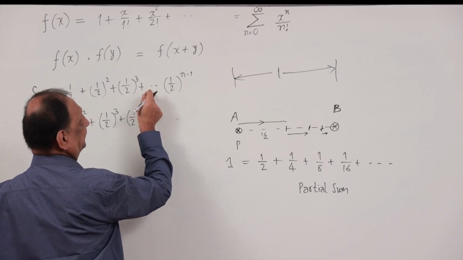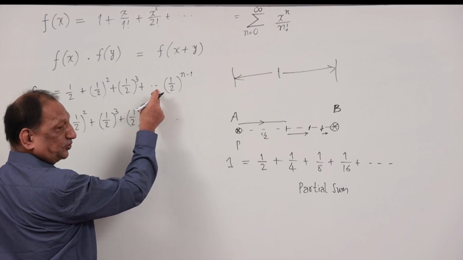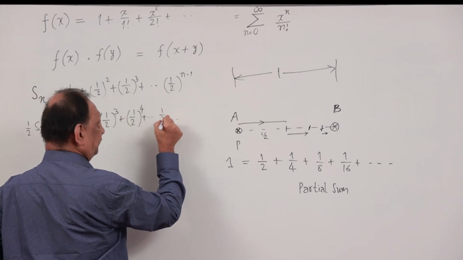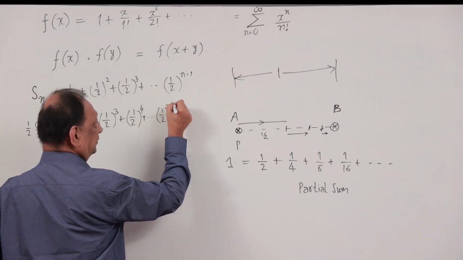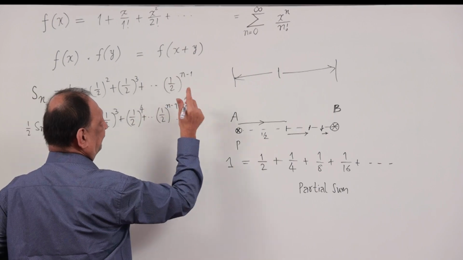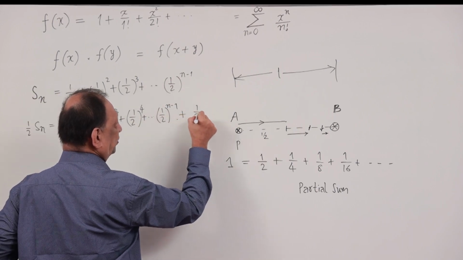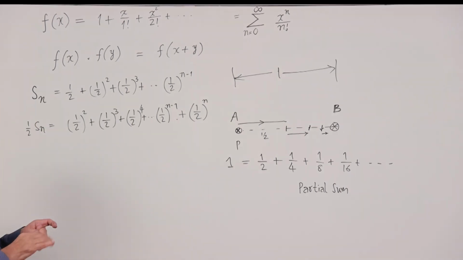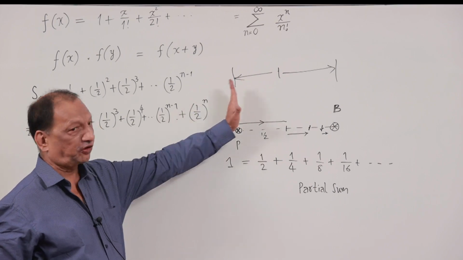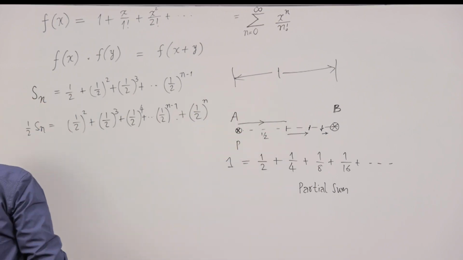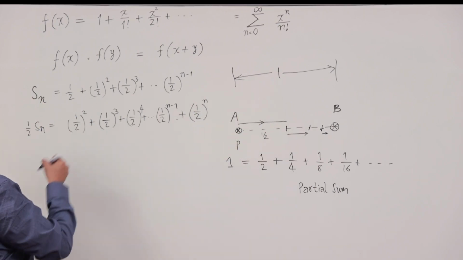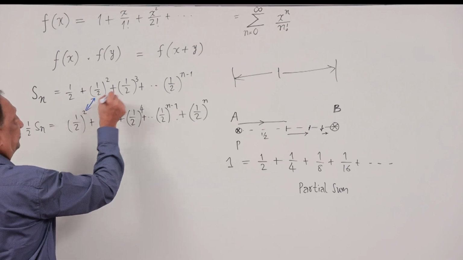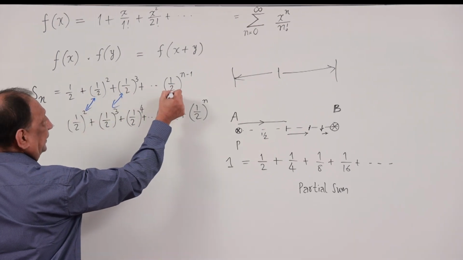There was an n minus 2 there, so I will write that: half to the power of n minus 1 for that n minus 2, and for this plus half to the power of n, correct now? One additional term. So I got 1/2 here which is outside, 1/2 to the power of n which is outside. Other than that, you will find every other power of half is matching. Correct?